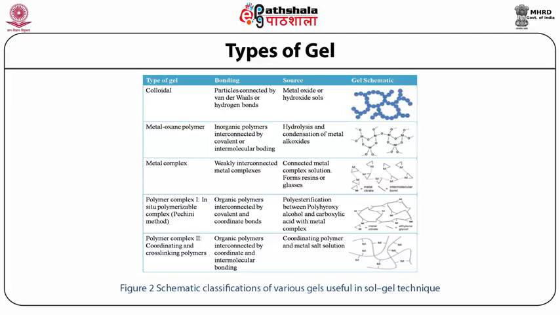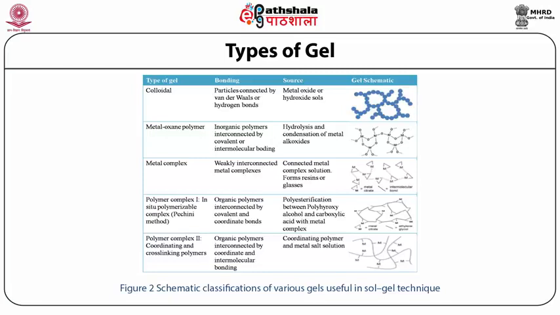This is also known as the Pechini method. Here the bonding is organic polymers which are interconnected by covalent and coordinate bonds. Here the source is the polyesterification between polyhydroxy alcohol and carboxylic acid with metal complex.